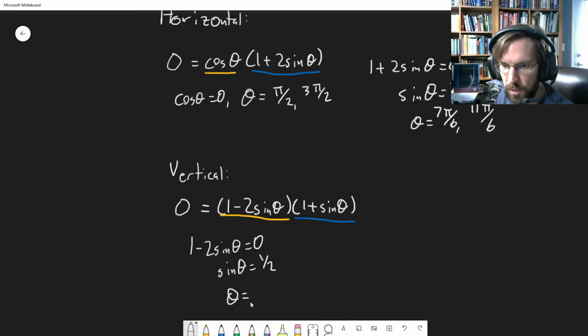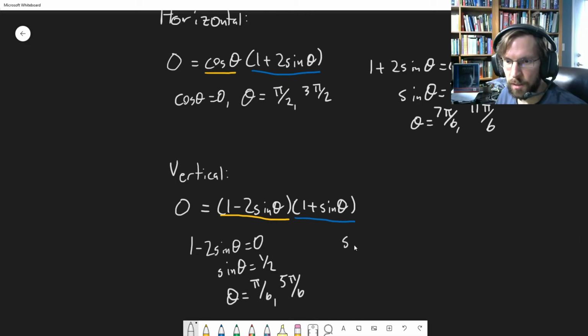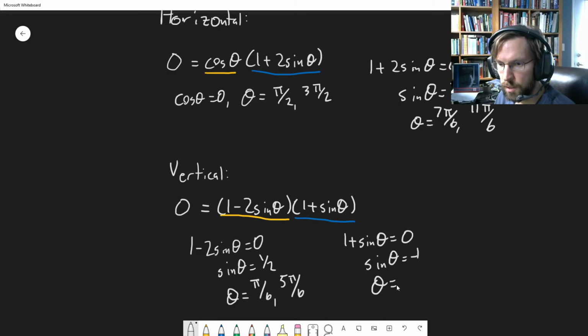And that means theta is going to be equal to pi over 6 and 5 pi over 6. Alternatively, we have 1 plus sine theta equaling 0 means sine theta is negative 1, which then means theta equals 3 pi over 2.